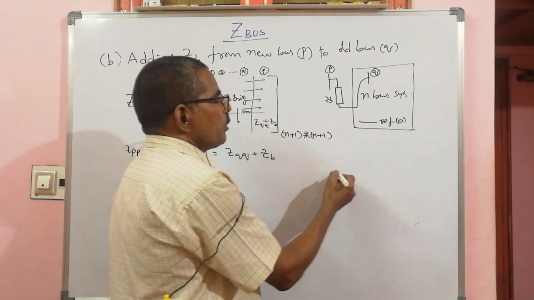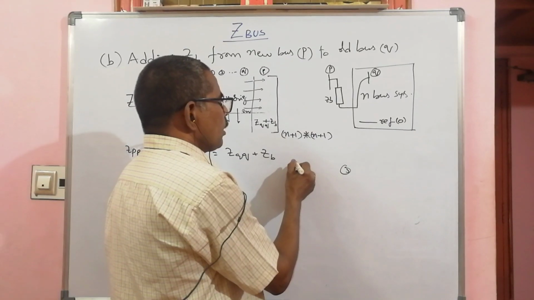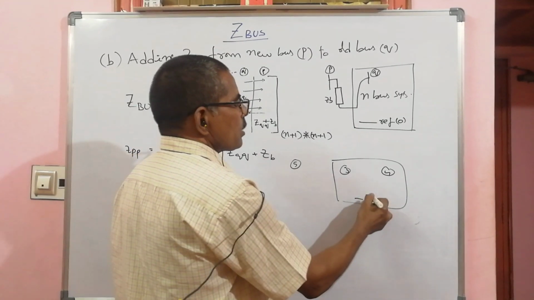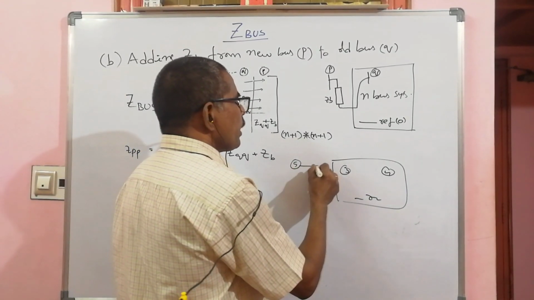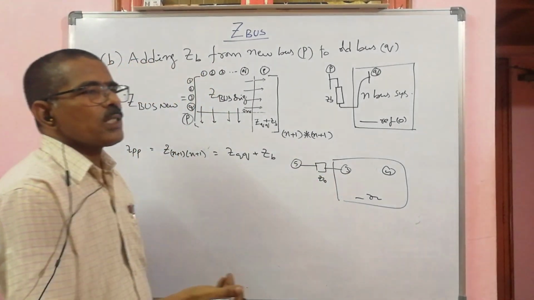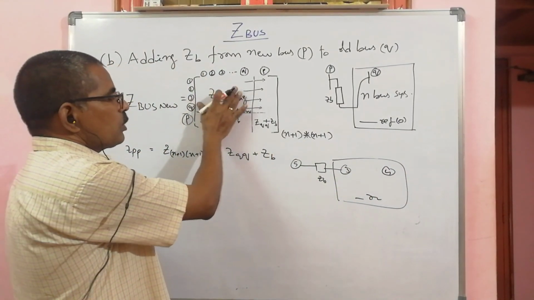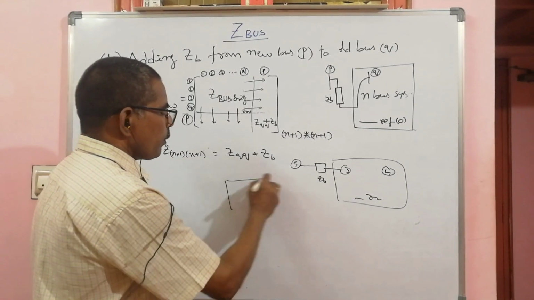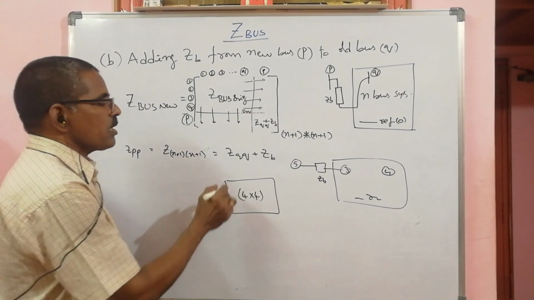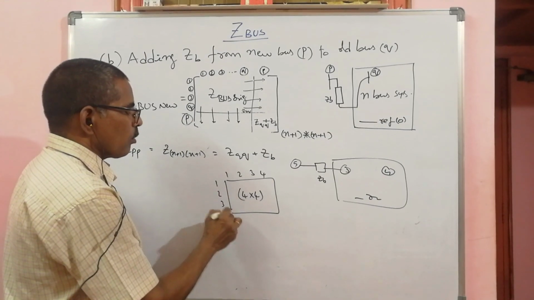Suppose you are adding between the third bus and some fifth bus. Buses 3 and 4 might already be there in the system, and reference is this. You are adding between 5 and 3, let us say, ZB. What does the procedure say? This 4 by 4 Z bus old you retain as it is, buses 1, 2, 3, 4.